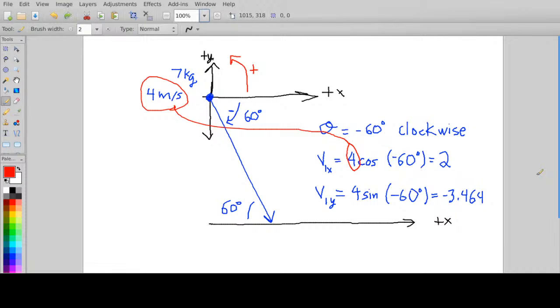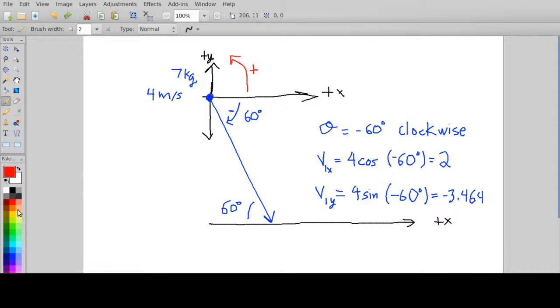If you put that in your calculator, 4 cosine negative 60 turns out to be 2. Cosine of 60 and cosine of negative 60 are the same. But for the sine, it actually turns out to be negative. So 4 sine negative 60 gives you negative 3.464. That's how that 4 meters per second gets broken up into its x and y components.